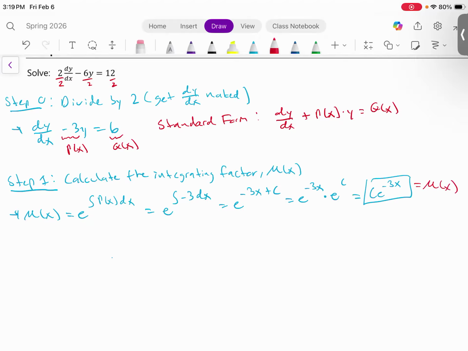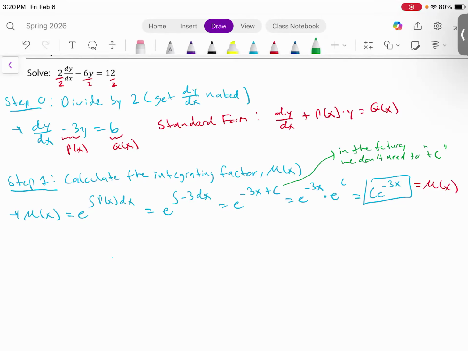So we accounted for c, but in the future, we don't need to account for c. We'll see why in a second, but in the future, when you calculate your mu, you don't need to account for this c.